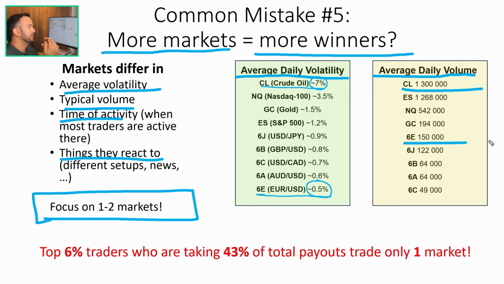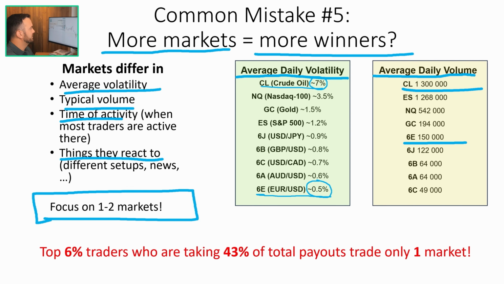If, for example, you wait for confirmation by absorption, then the absorption will look completely different on crude oil than on the Euro futures. So you need at least roughly to know what typical volumes are on that instrument you're trading, right? So that's why I'm saying that you should specialize on one or two markets.